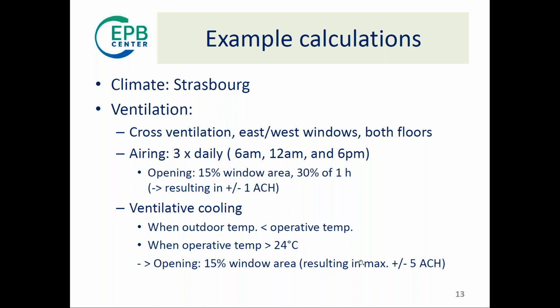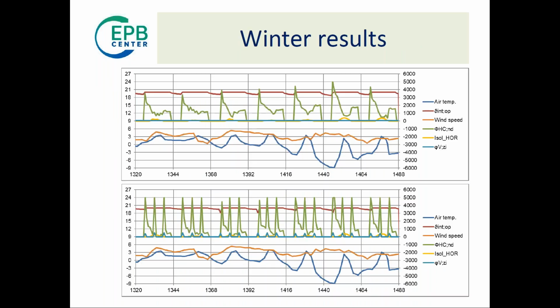And this is resulting in a maximum of about 5 air changes. It may be lower, we will see the results. The maximum that is reached during the summertime is about 5 air changes. But this is, of course, something that can be changed, and a sensitivity study can be done about that, where you assume different opening percentages.